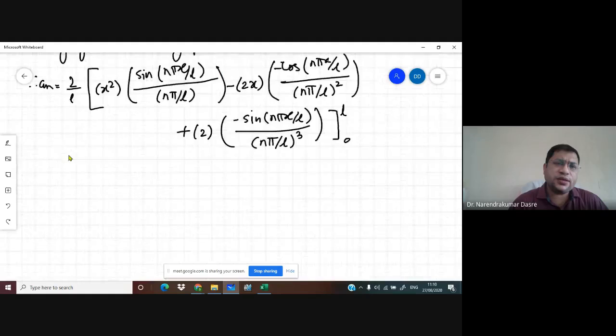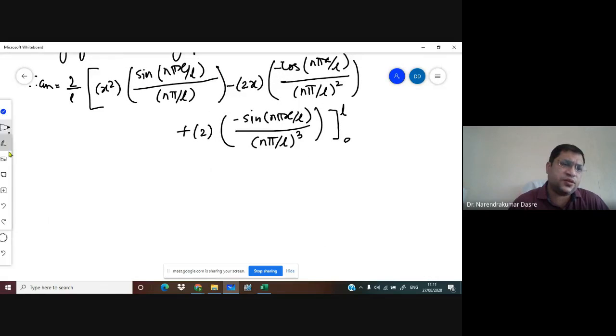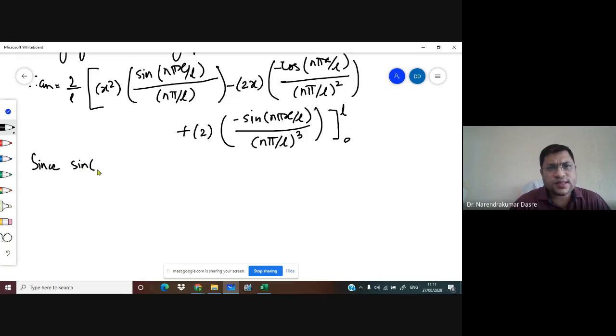So what we know is, we know these sine terms vanish. So we have to mention it, since sine of n pi is equal to sine of 0. Because if you use L here, this L will get cancelled and you will get sine of n pi. If you use 0, you will get sine 0. So both these terms are going to be 0.